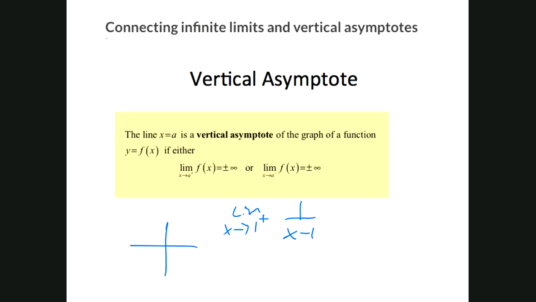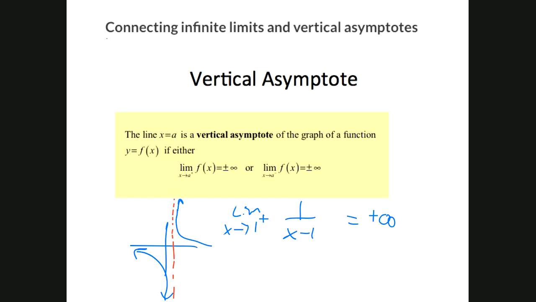I know there's a vertical asymptote at positive 1. And my graph looks something like this. So if I looked at the graph and I said, what's the limit as x approaches 1 from the right? Oh, it's going up, up, up, up. So that's going to be positive infinity.